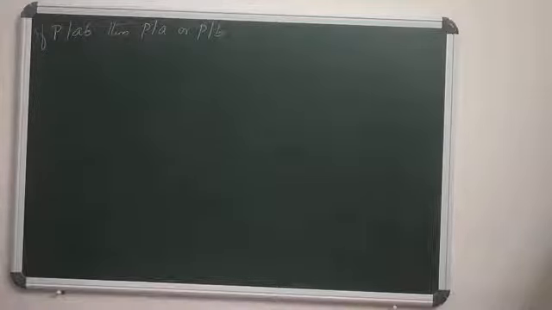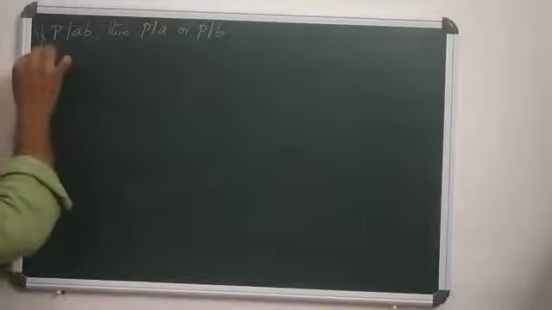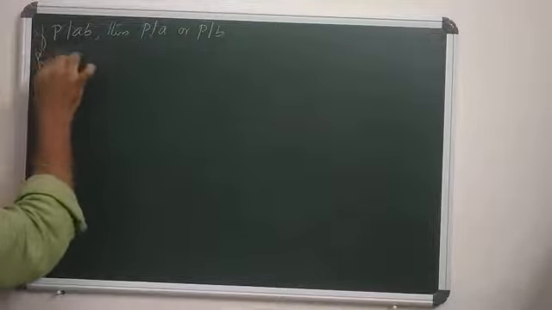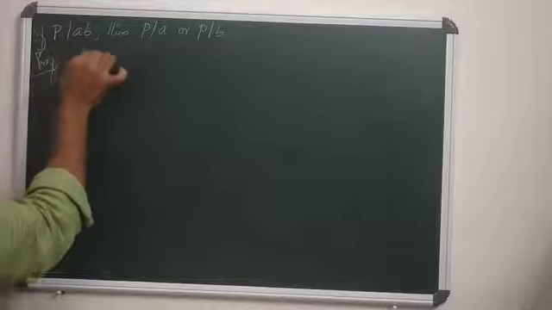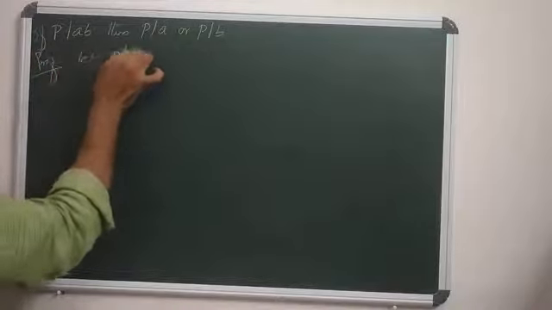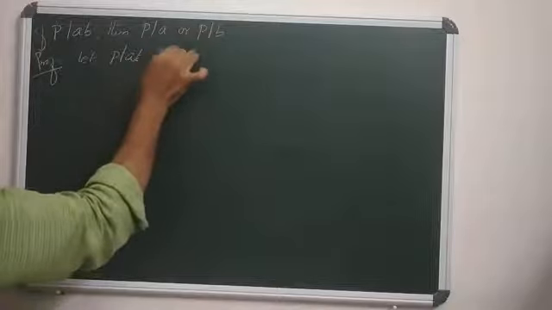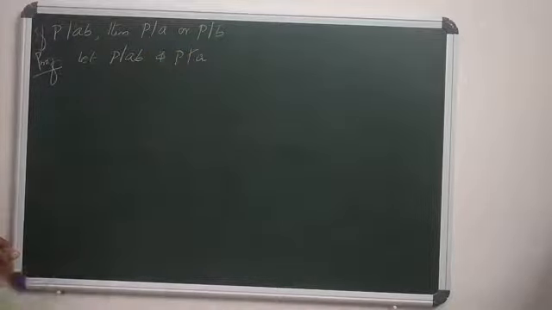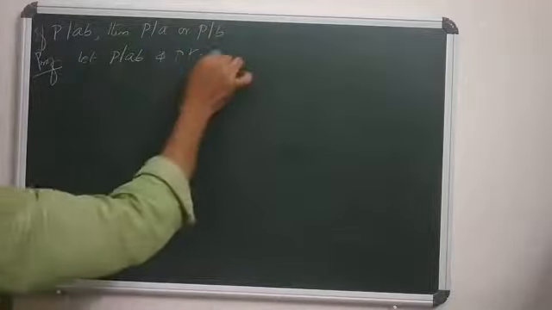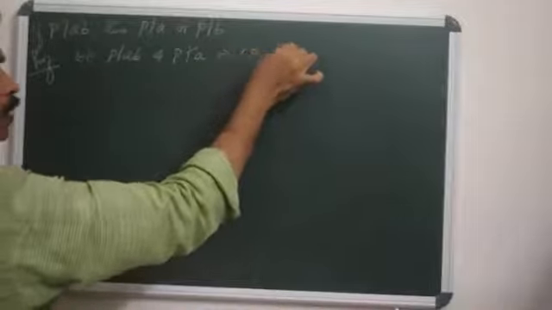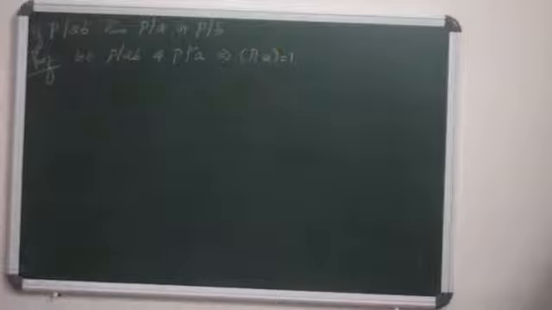How do we prove this? The proof is as follows. Let P divide AB and suppose P does not divide A. P does not divide A means the GCD of P and A is 1, that is, P and A are relatively prime.